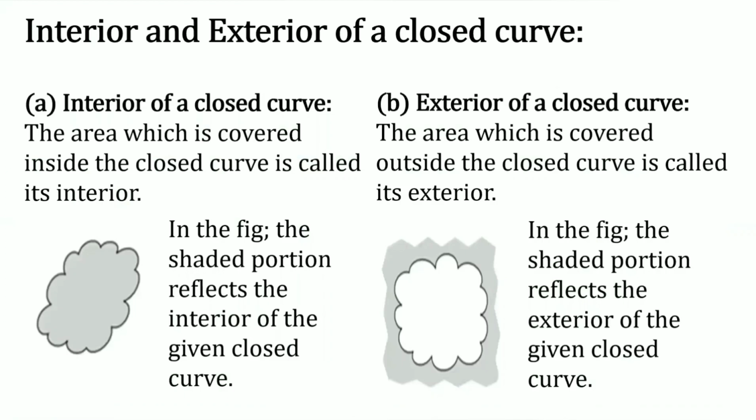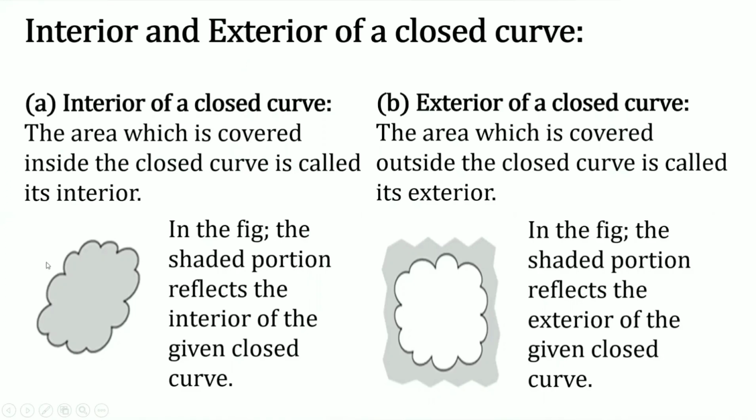Next, interior and exterior of a closed curve. As in the definition we have said that a polygon is a closed figure. So, the inner part of a closed curve is called the interior of a closed curve.